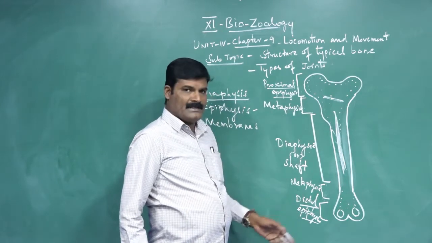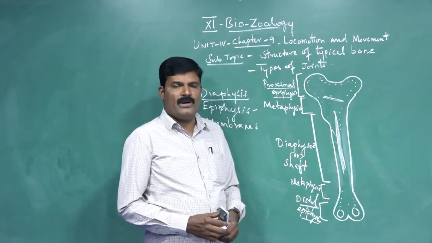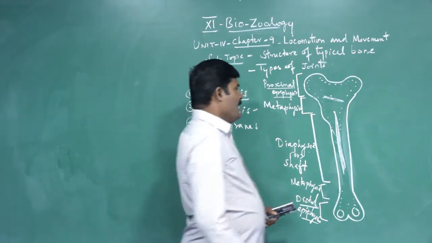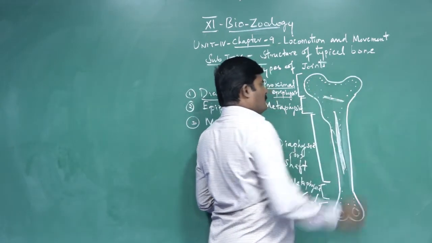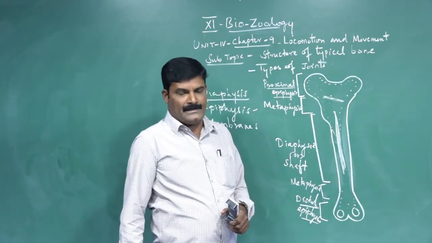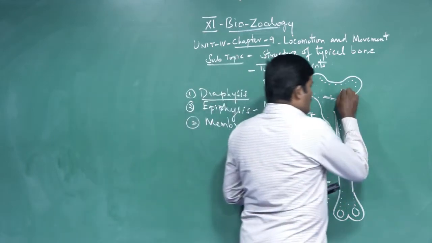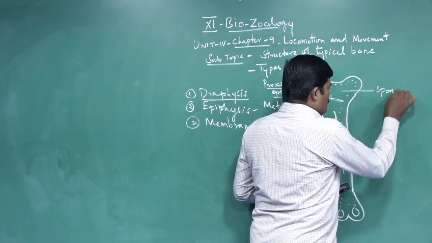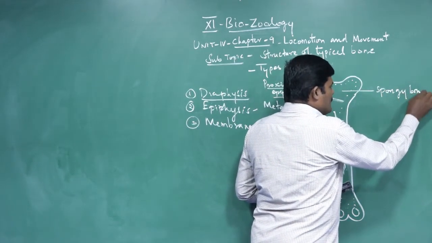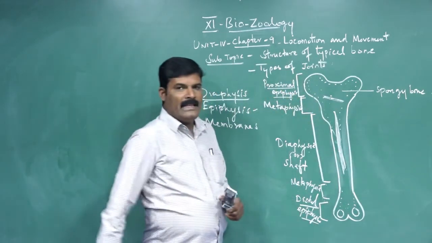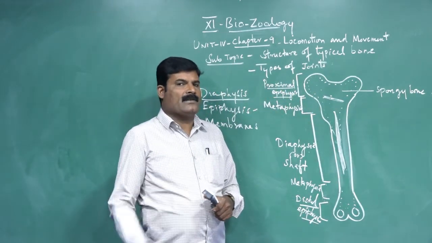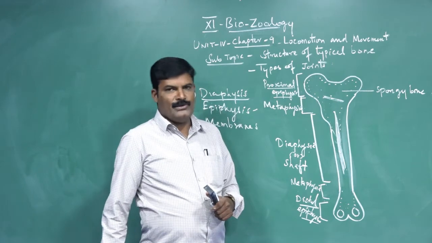These are the regions. So what is a spongy bone and a compact bone? Epiphyses are the ends. This part is called spongy bone. The interior of the epiphysis is called spongy bone.